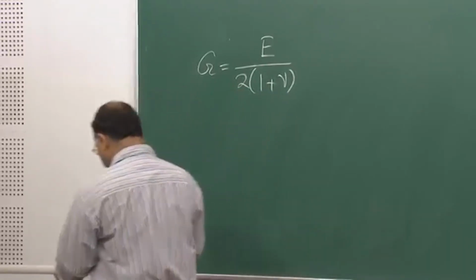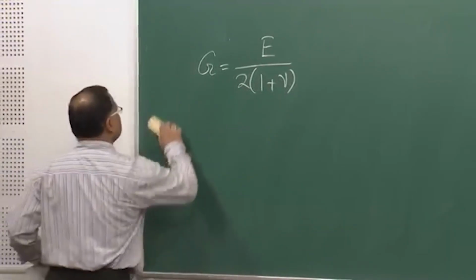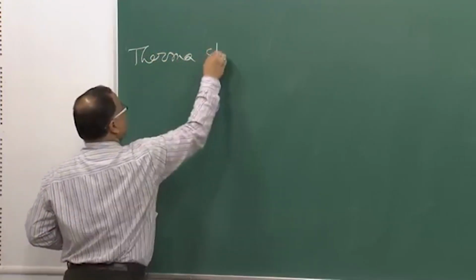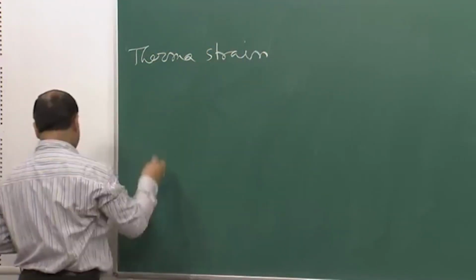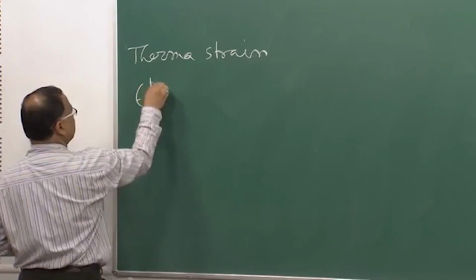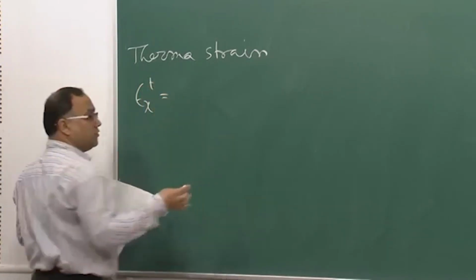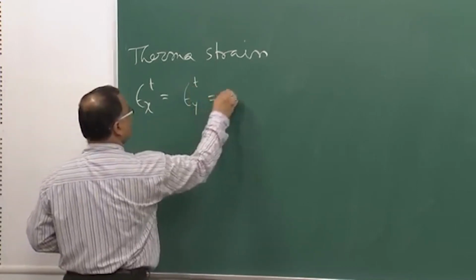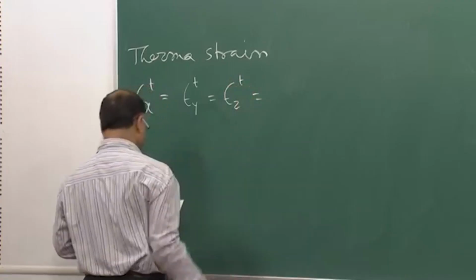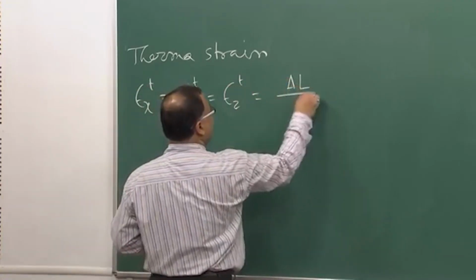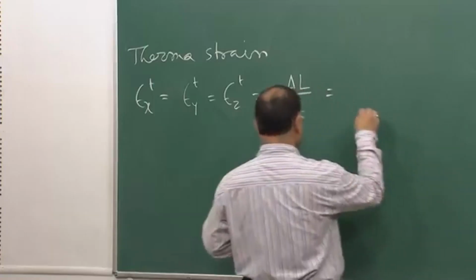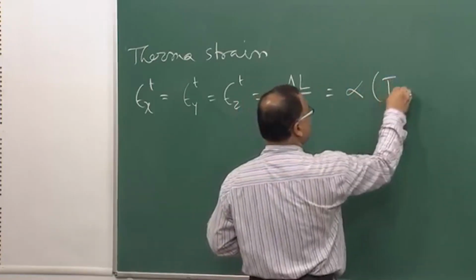Now, based on that, your thermal strain can be calculated as epsilon x due to thermal T, and epsilon y, epsilon z will be the same, equal to delta L by L, so it is simply alpha into T minus T naught.